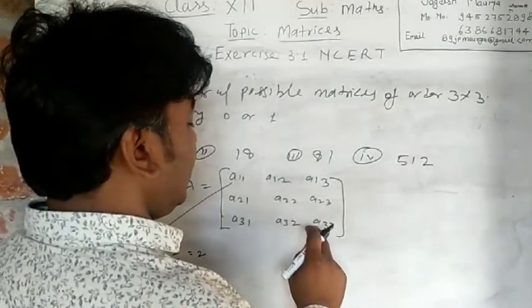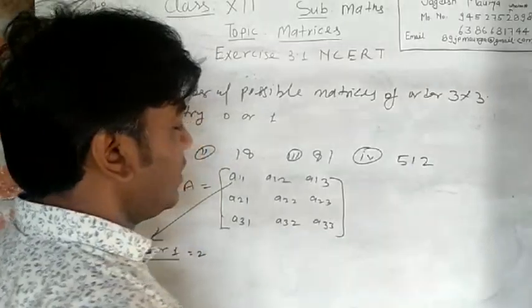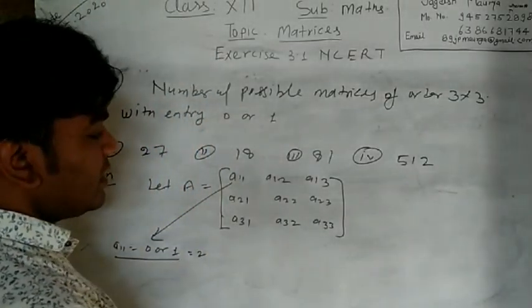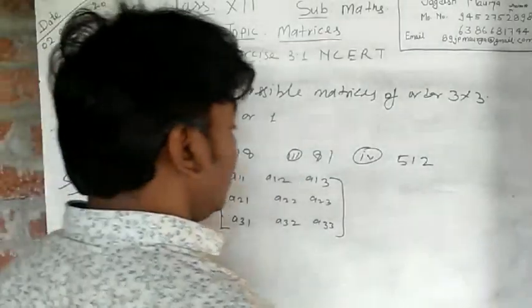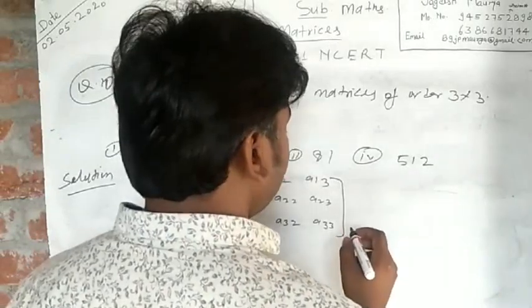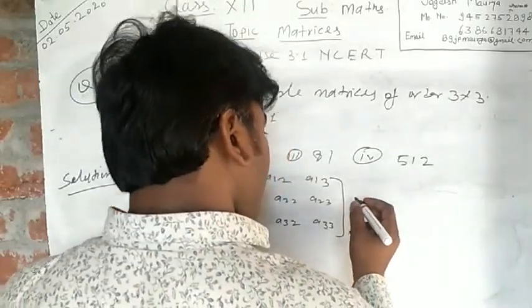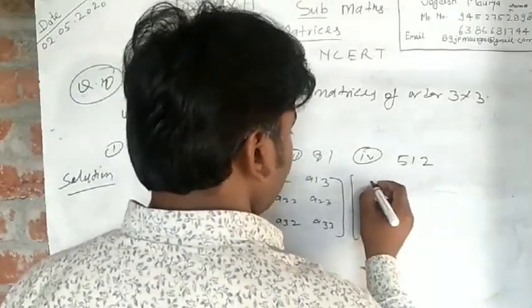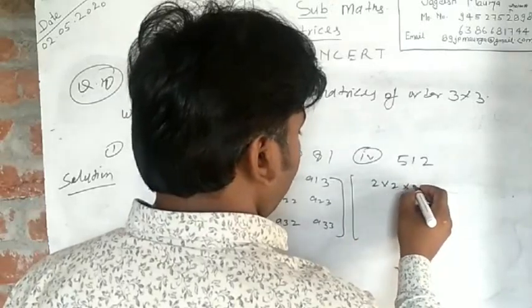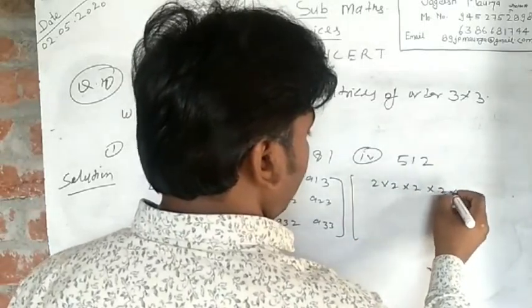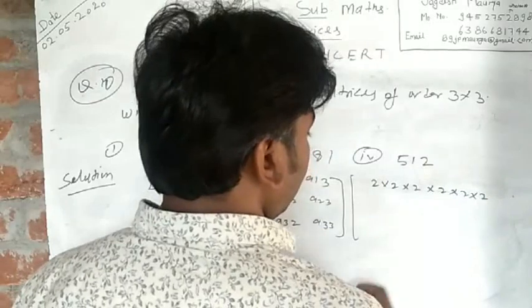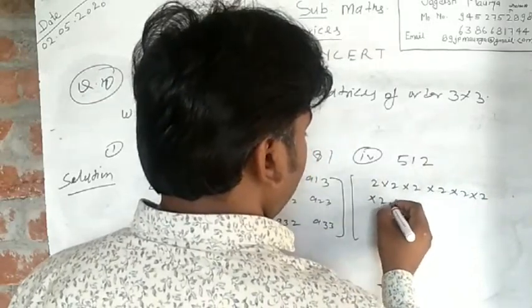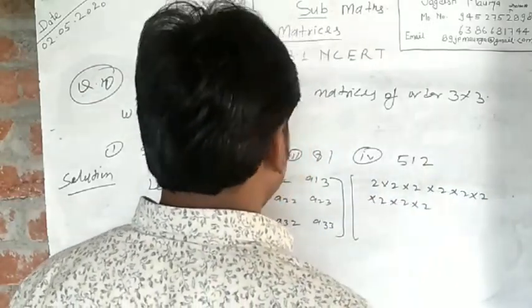At last, A33 have 2 choices. Means for each element there are 2 choices. Therefore, total number of choices equal to 2 into 2 into 2 into 2 into 2 into 2 into 2 into 2 into 2.